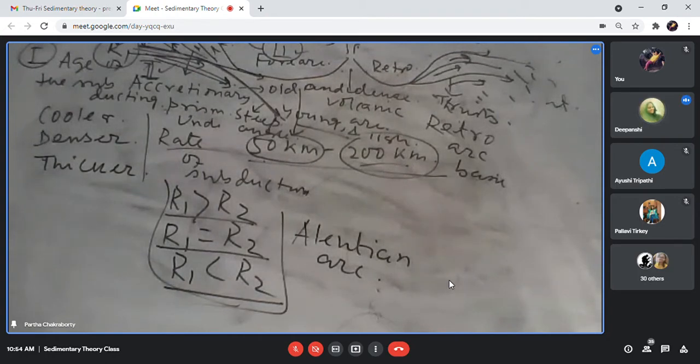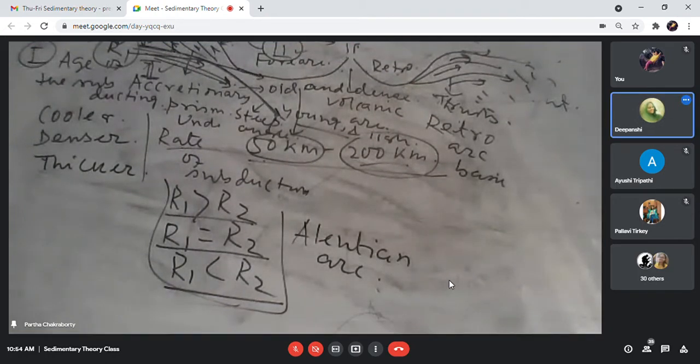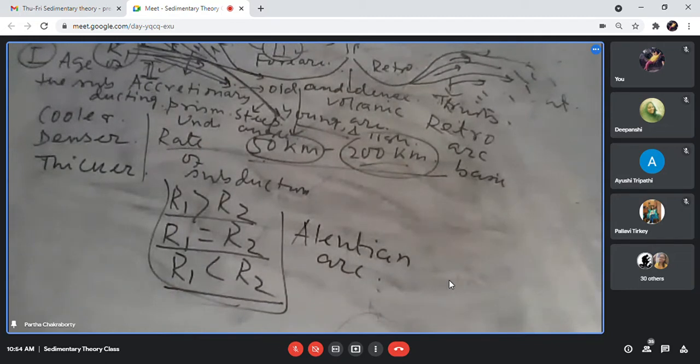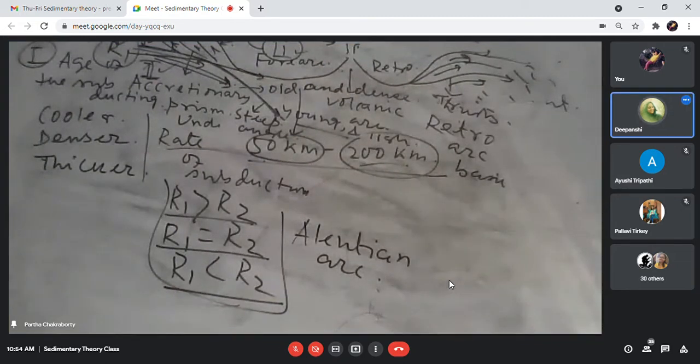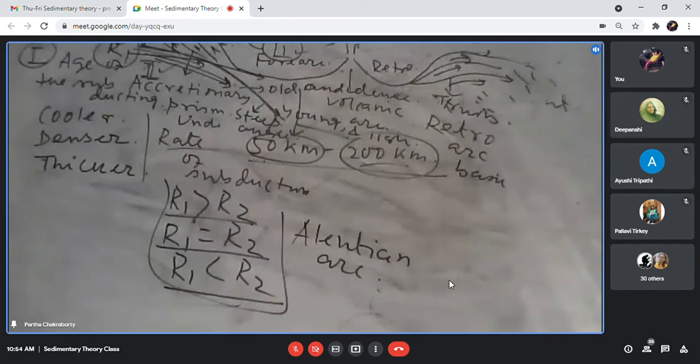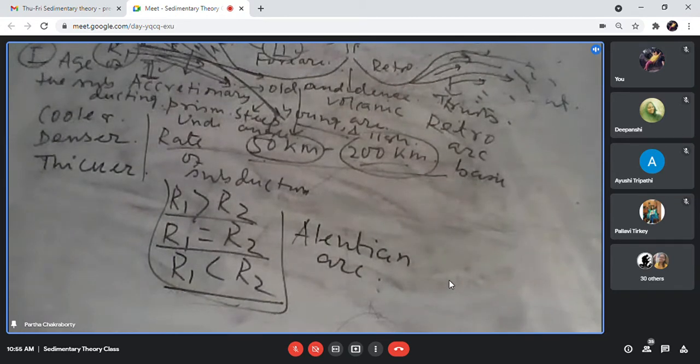So formation of accretionary prism. Huh? Accretionary prism. ना, वो तो थ्रस्ट हो रही है, उससे प्लेट नीचे जा रहा है, कैसे समझेंगे? Anyone can answer it, that the plate is going down. How we come to know? What is that signature that made us to believe that yes, plate is going down?